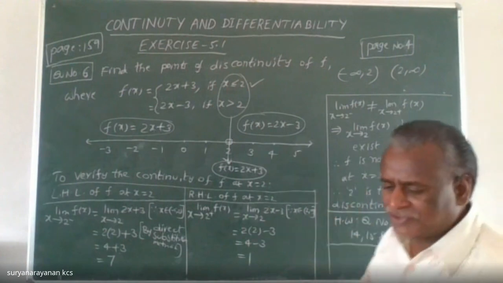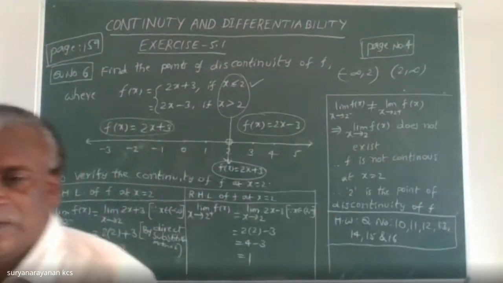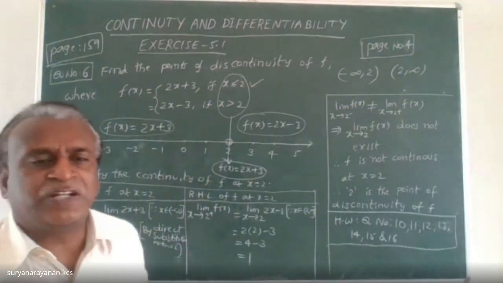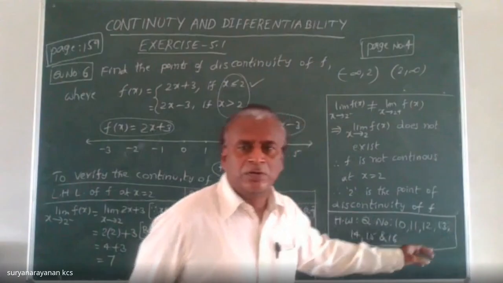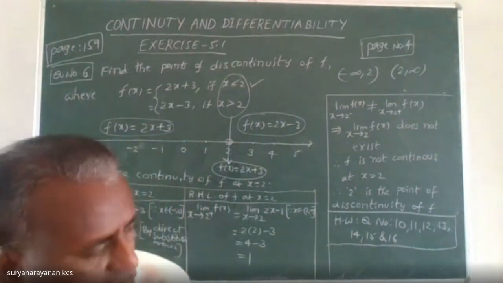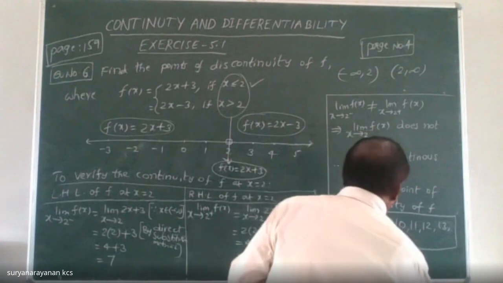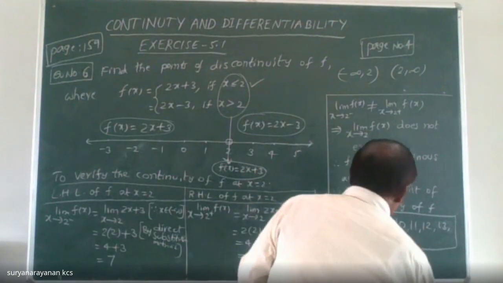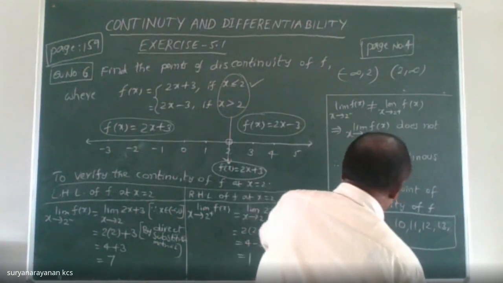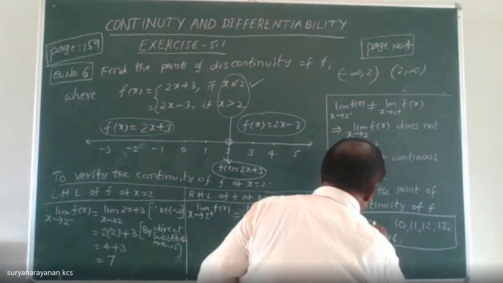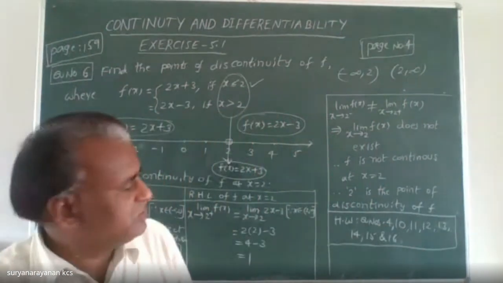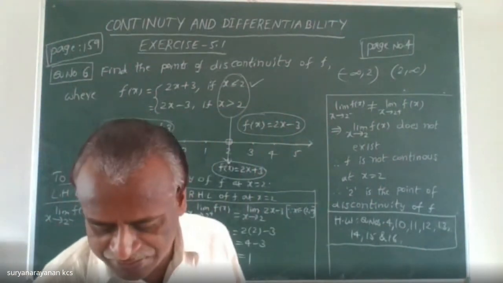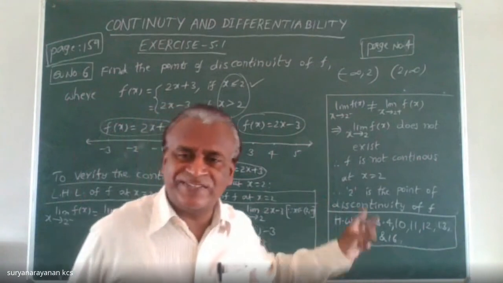If you have any doubts in the homework sums, please feel free to ask and get your doubts clarified. Sir, the fourth question is also homework, no, sir? Yes, the fourth question also. Four, 10, 11, 12, 13, 14, 15 and 16. All these questions are of the same type.